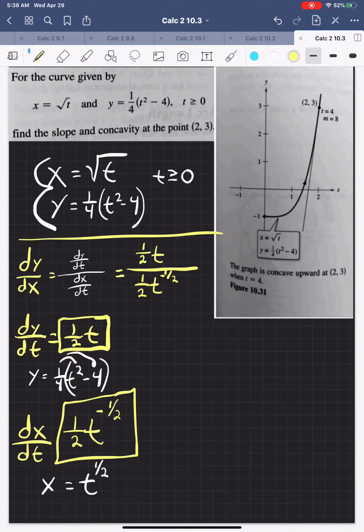So 1/2 divided by 1/2 is 1. That leaves us with t over t to the -1/2. Well, if you have like bases, when you divide, you subtract your exponents, right? So that's t to the power of 1 minus, because we're dividing, minus what? Minus -1/2. So we end up with t to the power of 3/2.